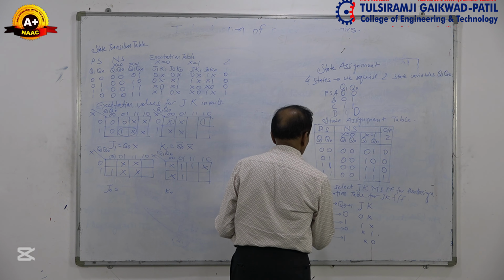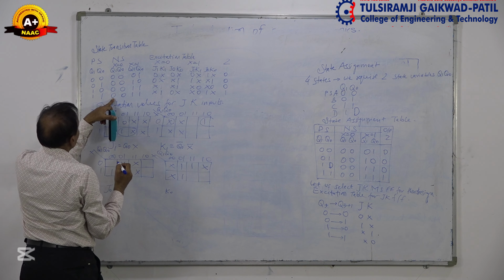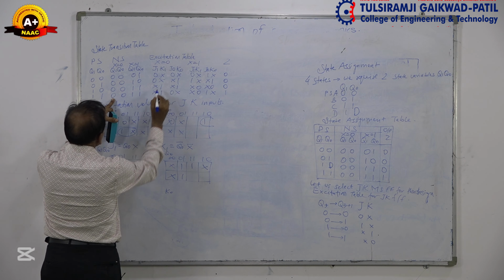Okay, so for J1 K1, the transition 1 to 0 is don't care, 1, and 1 to 0 again is don't care, 1.